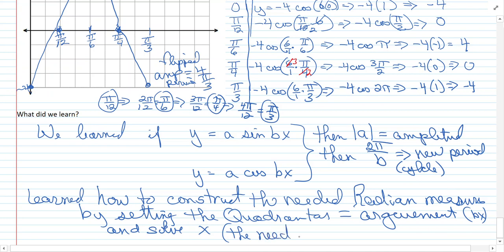And that's the needed radian measure to create the quadrantal.